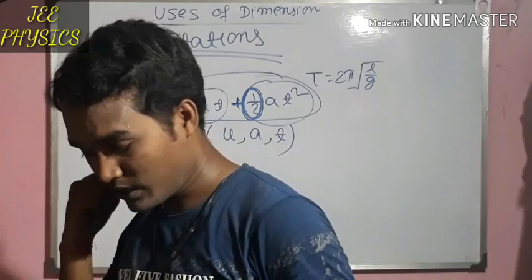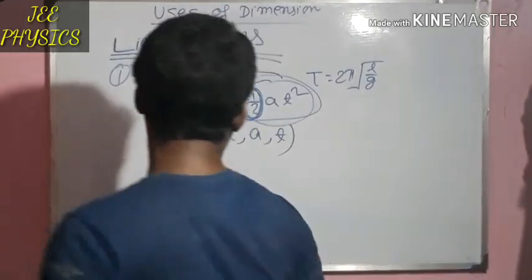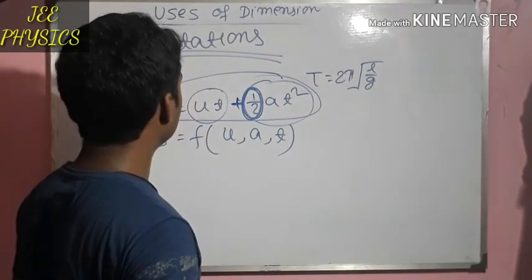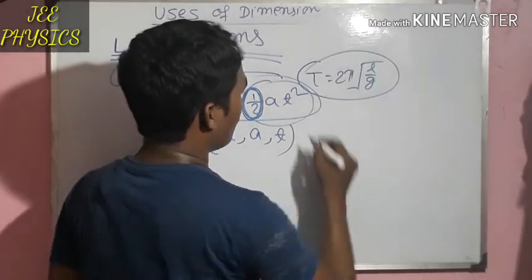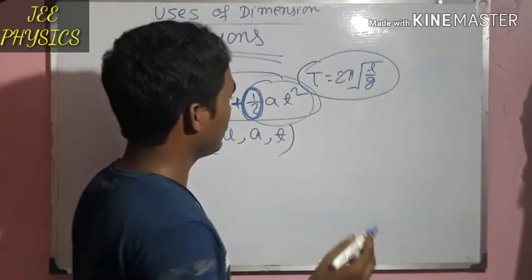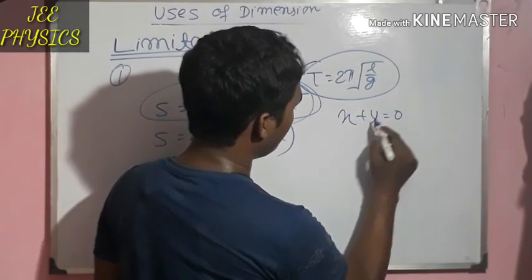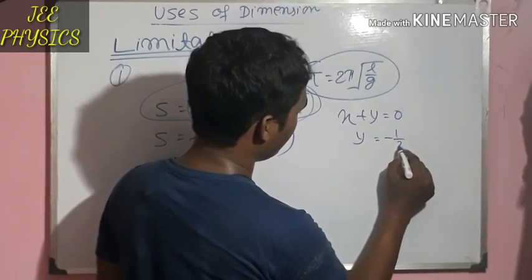And the last one is that using dimensional analysis, such as in this one, we had two equations in x and y. One is x plus y equal to 0 and the other one y is equal to minus half.